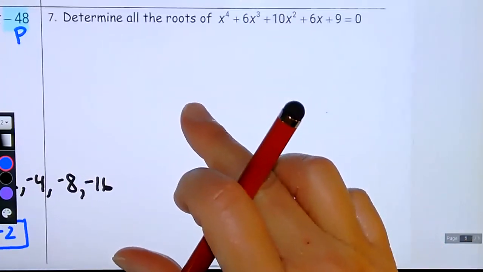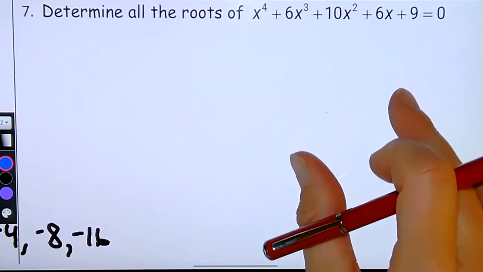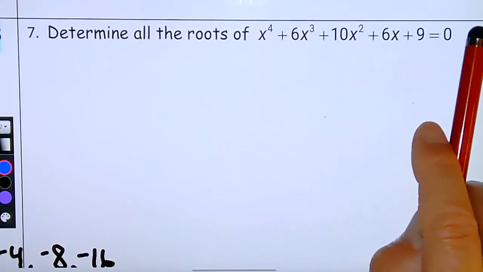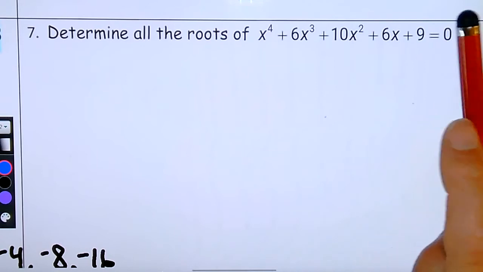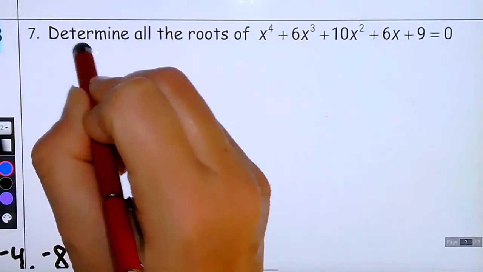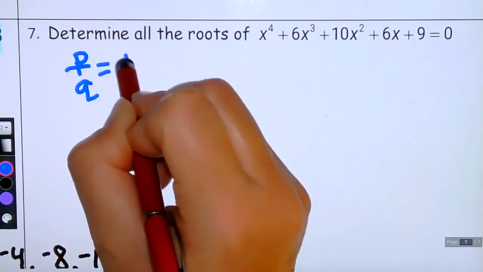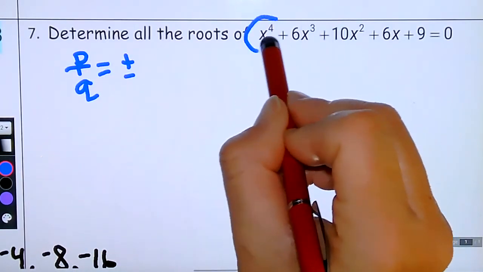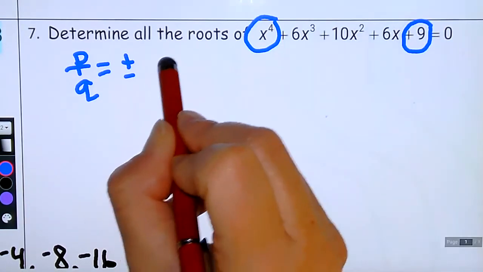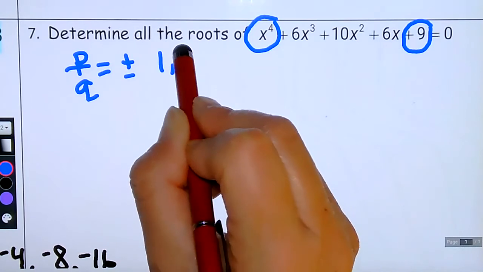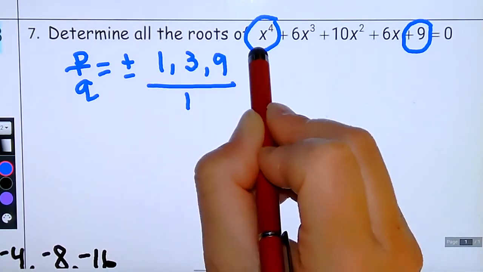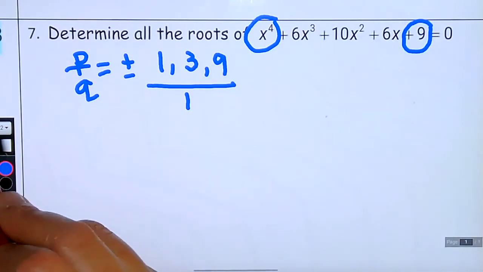Another degree 4. This time I have fewer factors to try because that's a 9. Also, this is all positives, so I'm not going to try a positive because they're not going to cancel out. So when I'm doing my P over Q, plus or minus, I'm looking at this, which is going to be my Q, and this, which is going to be my P. So all factors of 9 are 1, 3, 9, over 1, but over 1 is going to keep it the same.